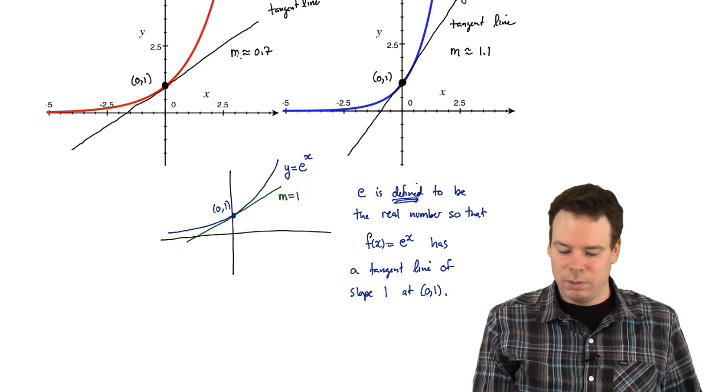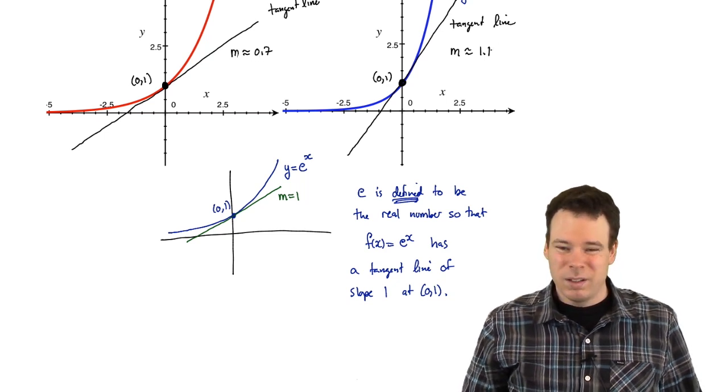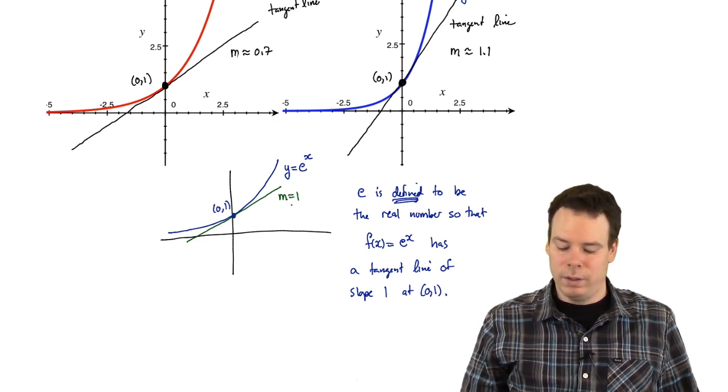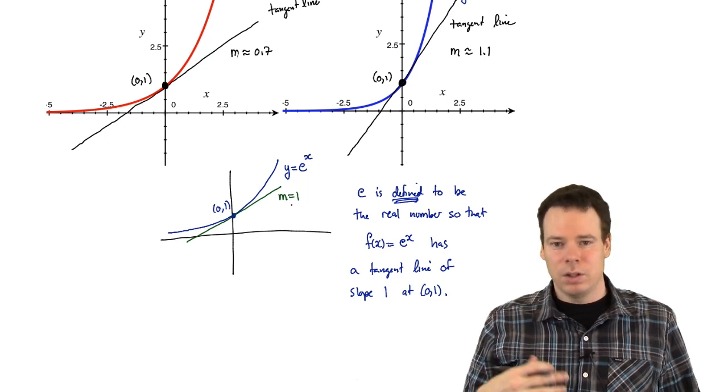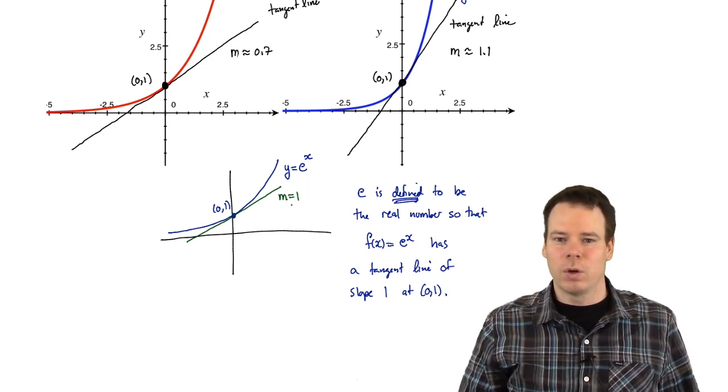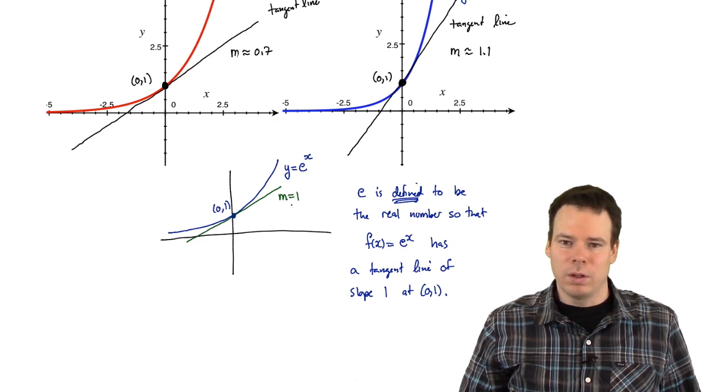Some of these are 0.7, 1.1. The simplest one would be if we could just find an exponential function whose base is some number so that the slope is 1. And so that's what we're going to define e to be, and it's going to appear quite frequently when we deal with exponential functions because we're going to like to work with the ones of base e due to the fact that their tangent lines have slope 1 at that point.